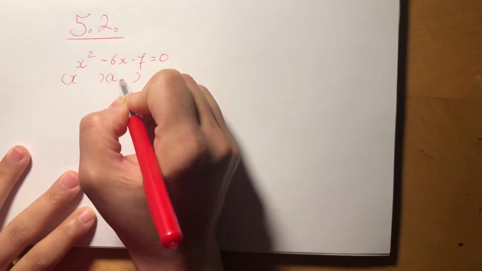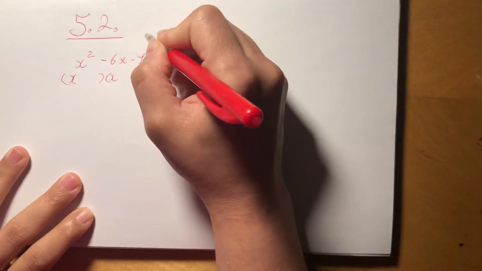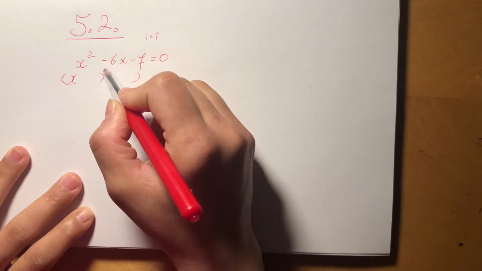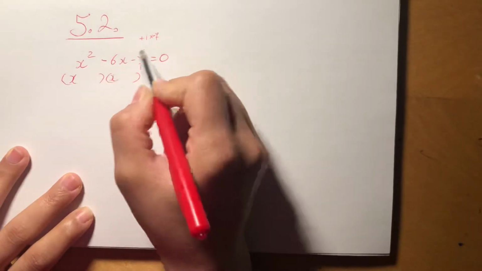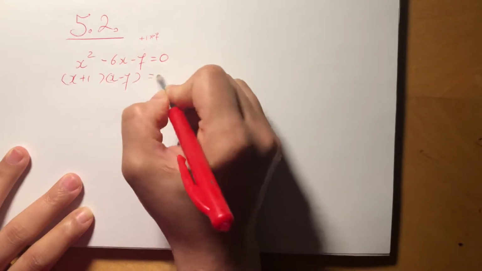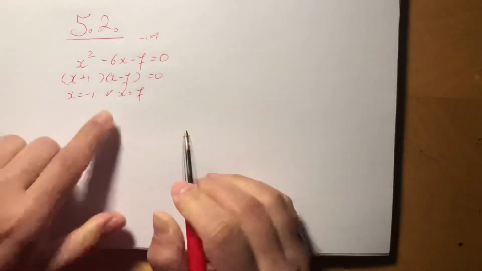Nope, that's not it. Because it's plus 1 times plus 7, and you want to get negative 6. So we need plus 1 times negative 7, because then when you add it, you get minus 6. So it's plus 1 minus 7 is 0. X will be minus 1 or x will be 7.